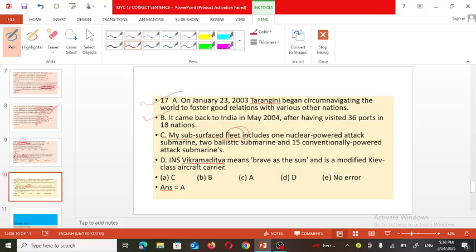So when we are indicating a group, this is plural, and that's why instead of includes, only include must be there, and here is the error. So option C is incorrect. INS Vikramaditya means brave as the sun and is a modified Kiev class aircraft carrier. So this one is also correct. Only option C is incorrect. But option C is mentioned here in option A, and that's why the answer is A.